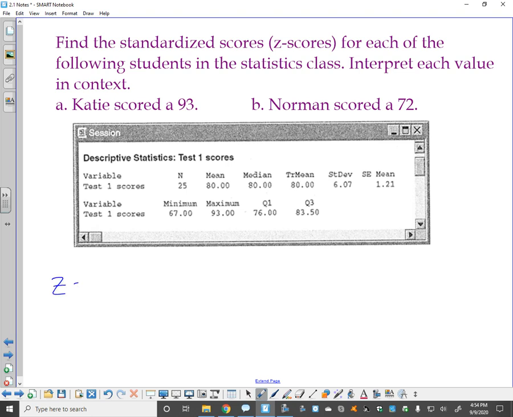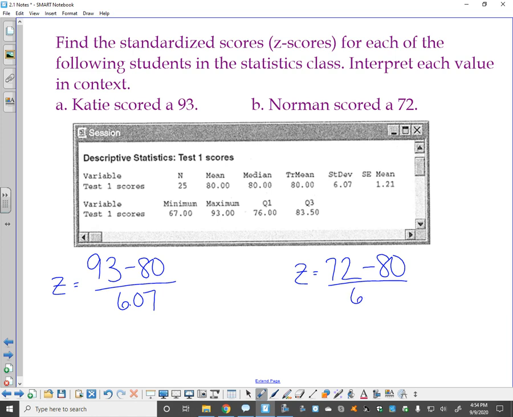So if I'm going to find Katie's z-score, then I'm going to take her piece of data and I'm going to subtract the mean. And I'm going to put over the standard deviation. For Norman, I'm going to take his piece of data, I'm going to subtract the mean, and I'm going to put it over the standard deviation.